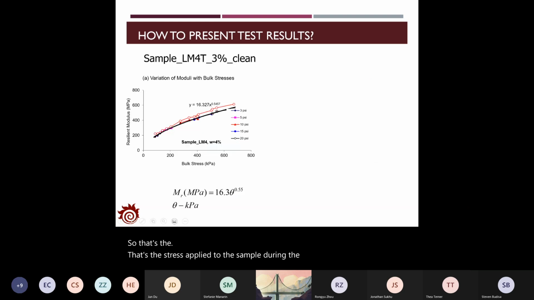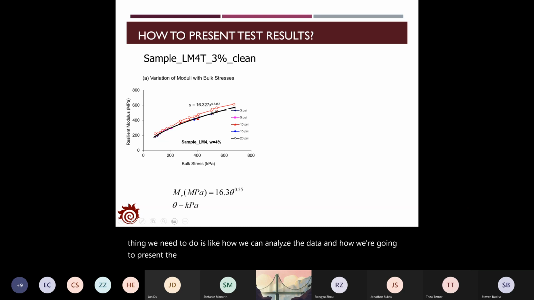And the next thing we need to do is analyze the data and present the test results. So basically, for each contact pressure and each type of load we applied, we can find one value of the resilient modulus.